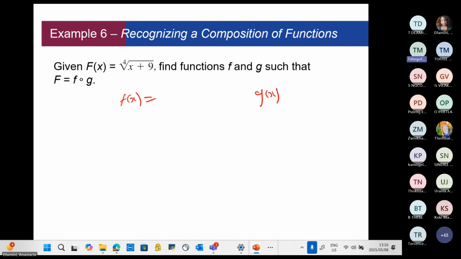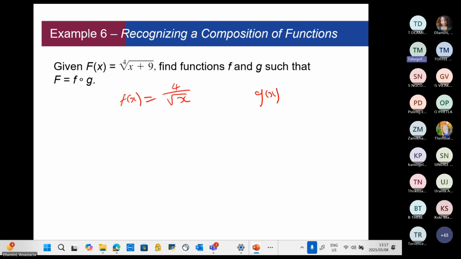Okay, f of x will be 4 over the square root of x, I think. Why are you saying 4 over the square root of x? Actually, I know my g of x will be x plus 9. When I'm looking for the f of g, it will be... Okay, you're saying it's 4 over the square root of x.